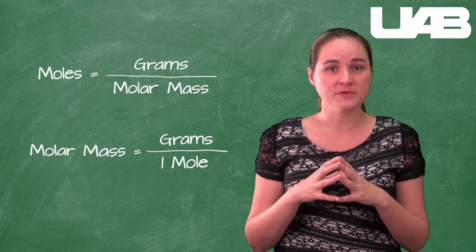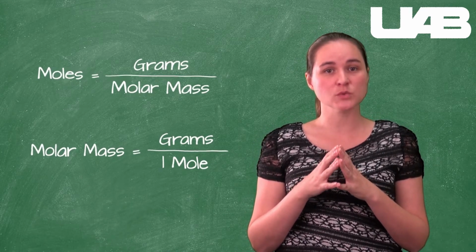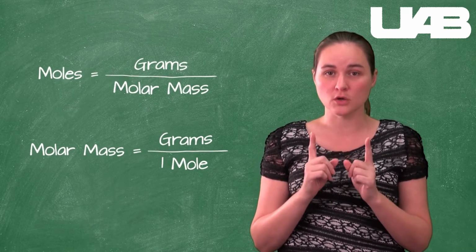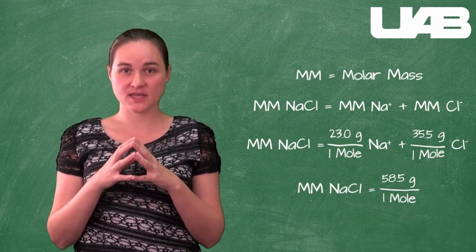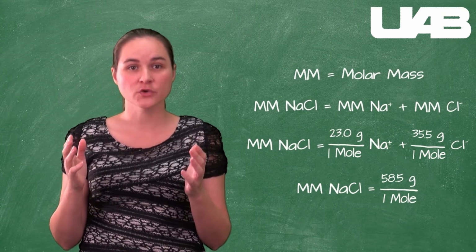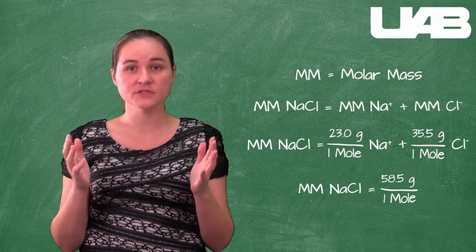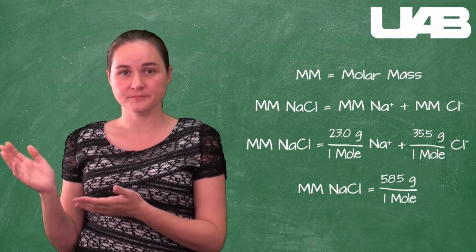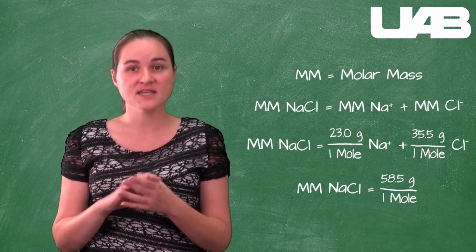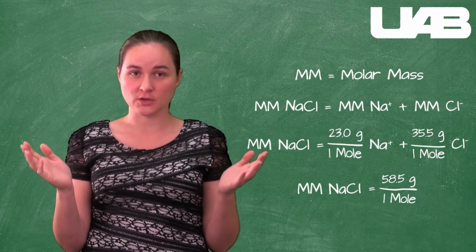The molar mass represents how many grams of the substance would be observed if you had 1 mole. Adding the atomic masses of each element in the compound together will give us the molar mass, so it'll be 23 grams per mole for the sodium and 35.5 grams per mole for the chloride. That makes our molar mass 58.5 grams per mole.